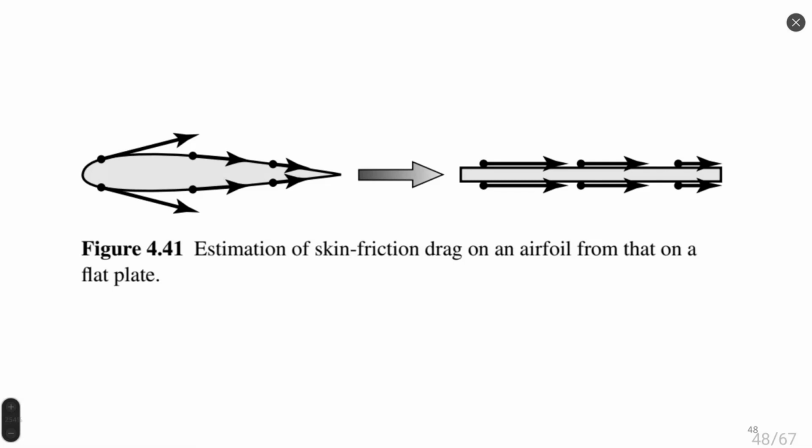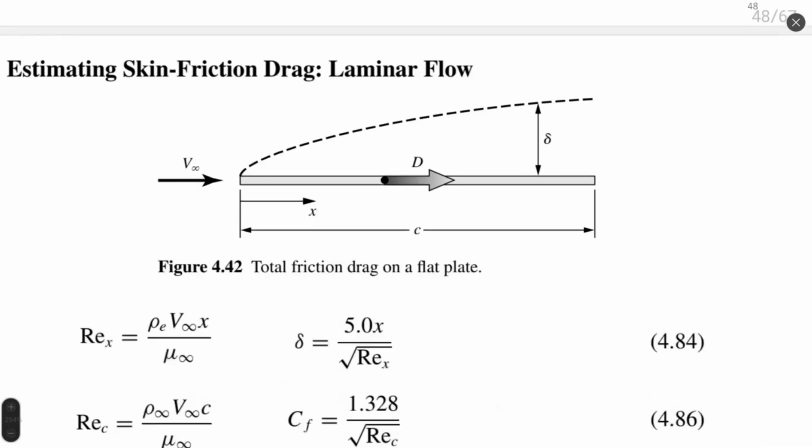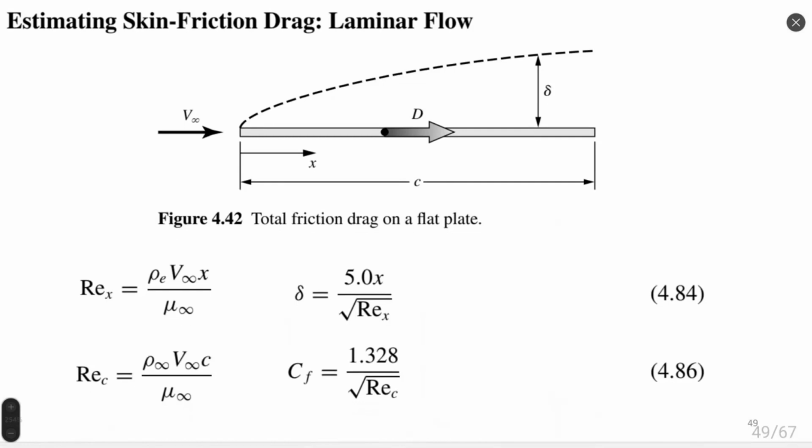We will assume that our airfoil is represented by a plate. We know quite well distribution of boundary layer on flat plate is a classical task solved by many different studies.